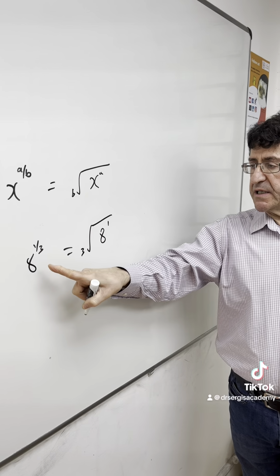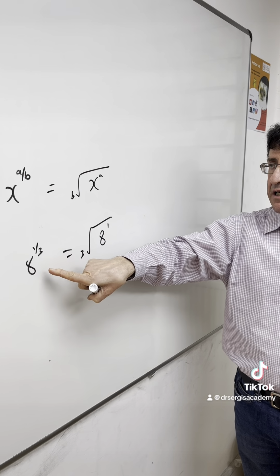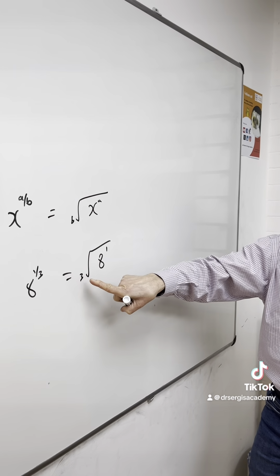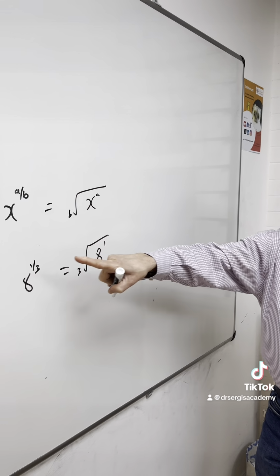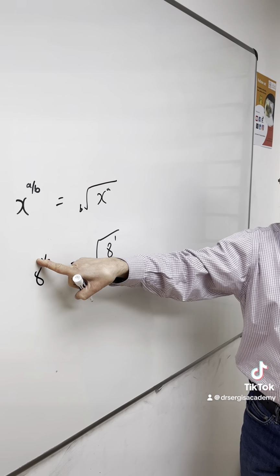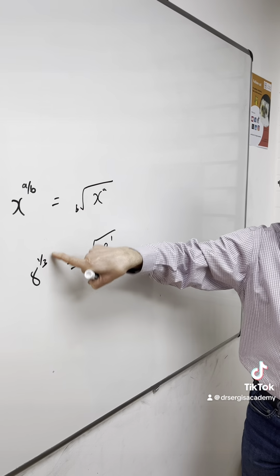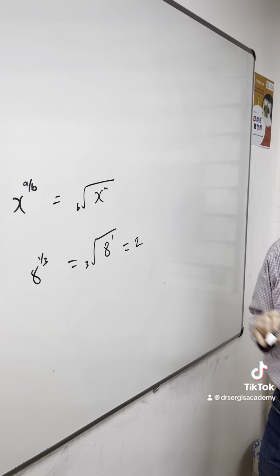So 8 to the power of 1 over 3 means the cube root of 8, because the numerator of the fractional index represents the power, and the denominator b is 3, the root. So that's the cube root of 8, which is 2.